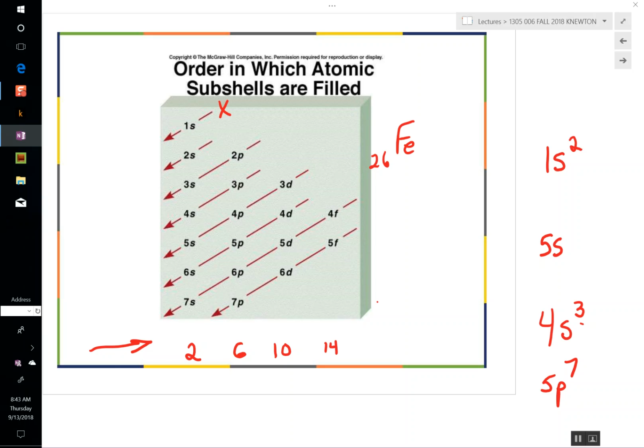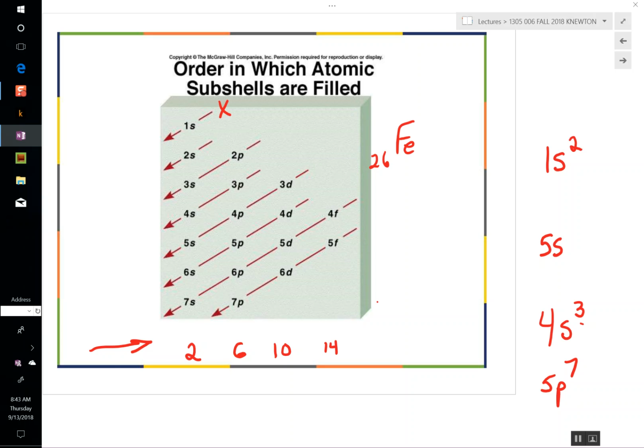So what is that telling us? Well, they are content with this electronic configuration. Unlike all the other elements, which are not content with their electronic configuration. They will behave in such a way as to acquire this electronic configuration.